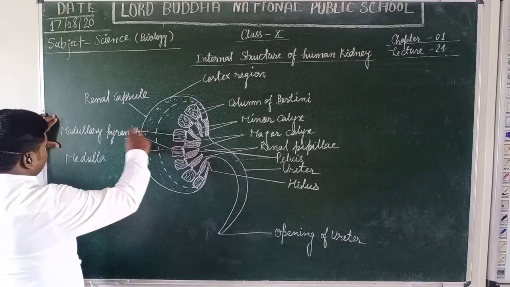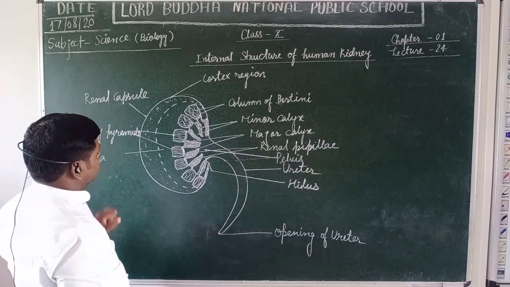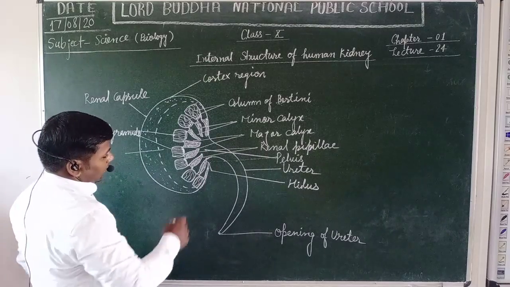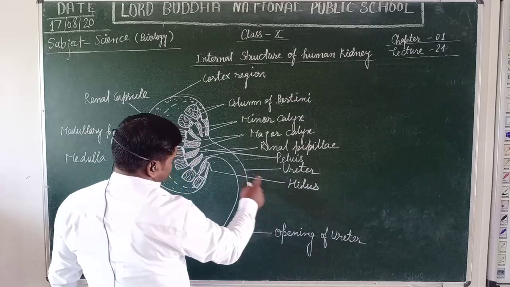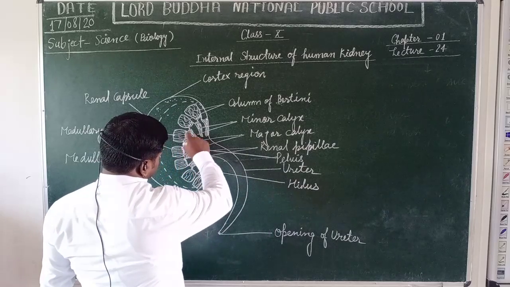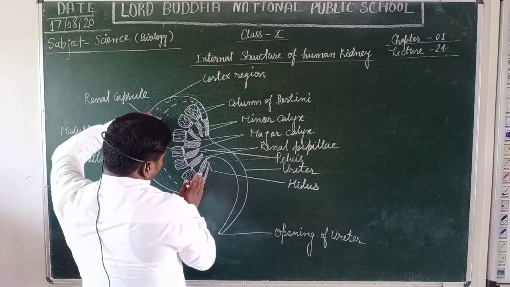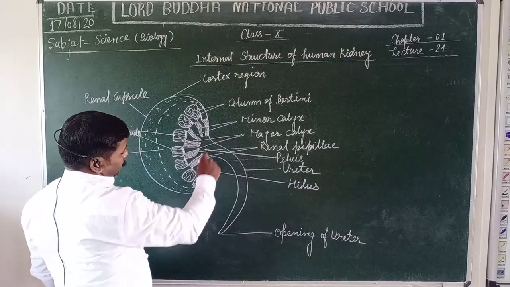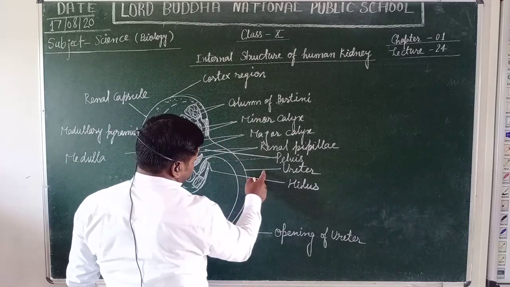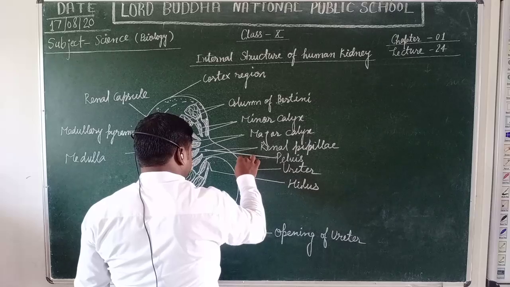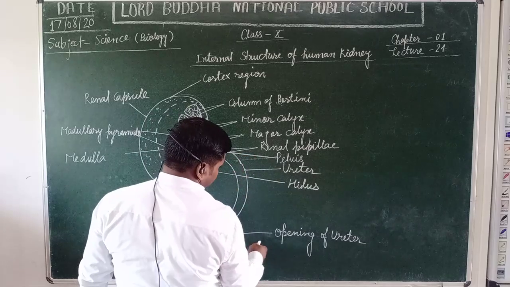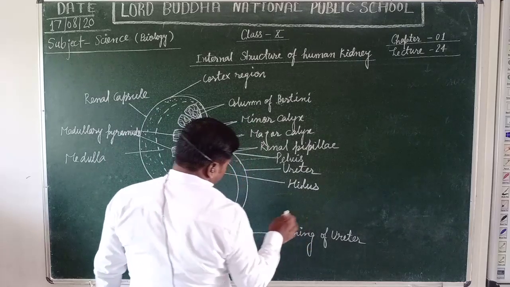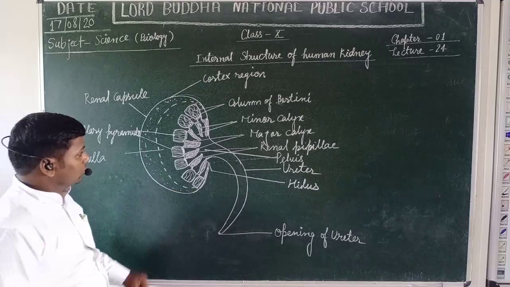The pyramids present in the medullary part are known as medullary pyramids, and through the hilus, each and every calyx opens into a region called the pelvis, and from the pelvis the ureter originates that collects the filtrate into the urinary bladder. The opening of the ureter helps in collection of the urine into the urinary bladder.